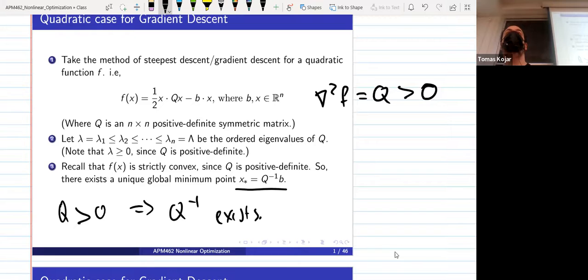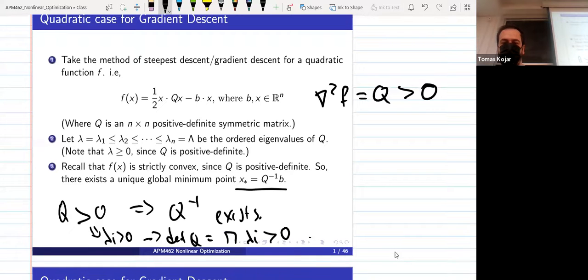Yes. Perfect. That's all I wanted to hear. So eigenvalues are positive. Then the determinant of Q is the product of the eigenvalues, and so it's not zero, so it's invertible. Okay. Good. Fun times, linear algebra.